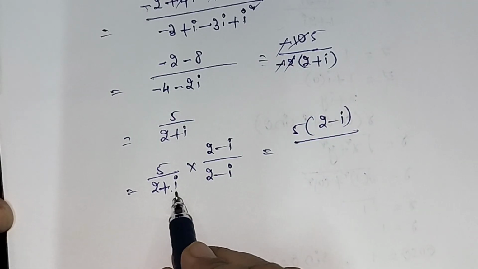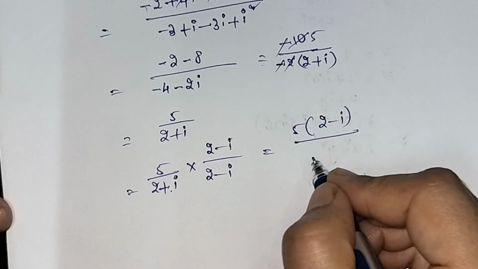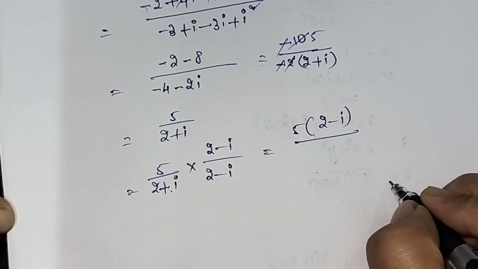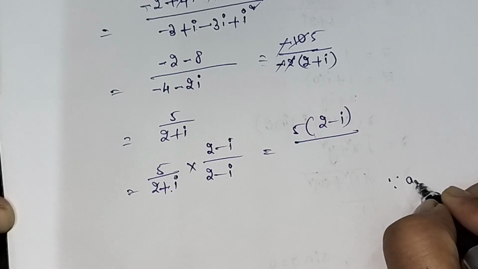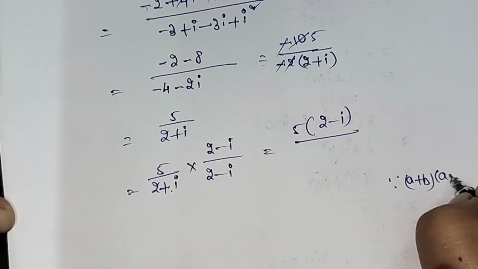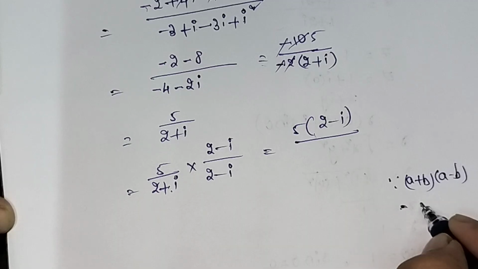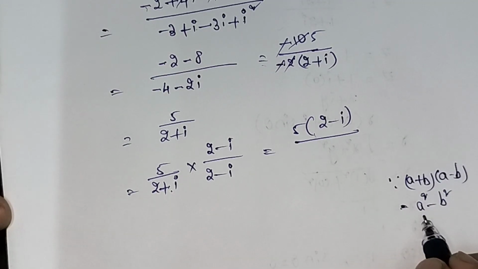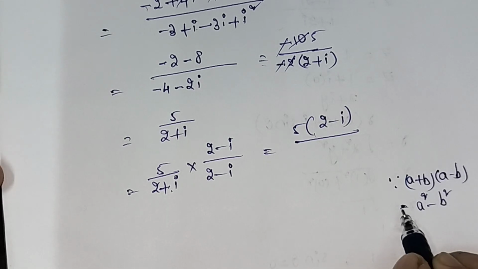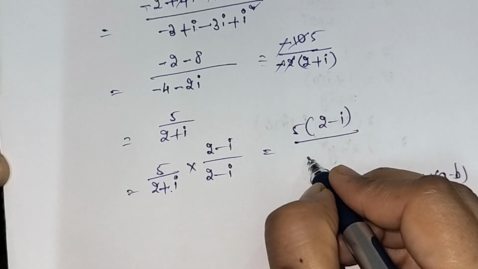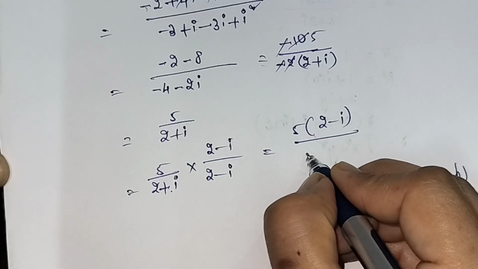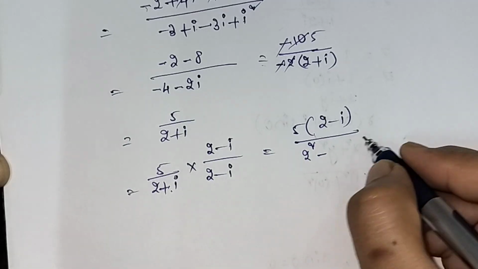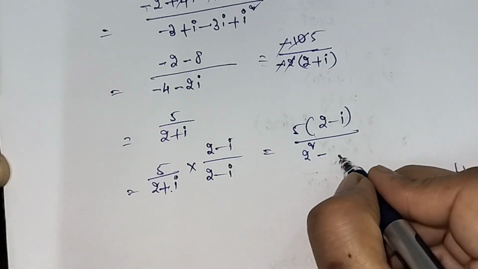This is in the form (a plus b)(a minus b). Since (a plus b) into (a minus b) is equal to a square minus b square, we can write it in the form a square minus b square. That is, a square is 2 square, b square is i square.